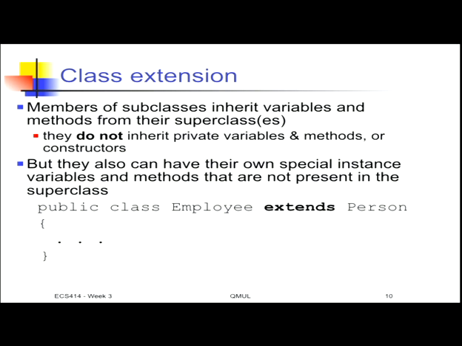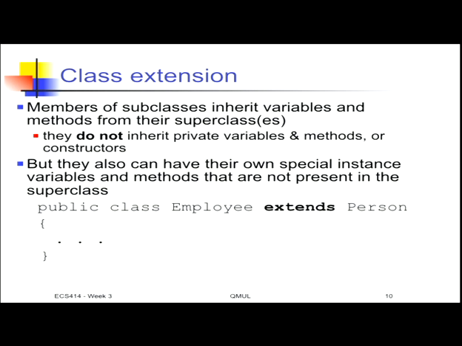So a subclass inherits all entities from the superclass, which means methods and variables that are not private. But subclasses also have their own instance variables and methods that are not in the superclass.